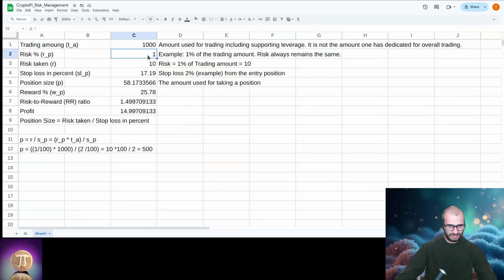Of course, one can change from 1% to 2% to 50%, depending upon your risk appetite, but it's good to keep it at the same level, so one can trade with the same risk level and then track the progress on how the portfolio is going, whether it's in profit or in loss, and what can be changed.